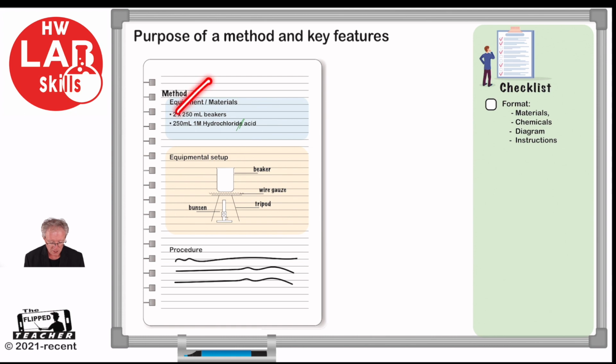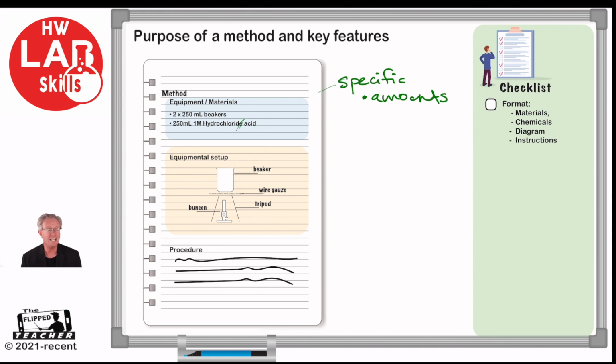You need to know 2, and we've got a volume. So I need to go collect 2 250 ml beakers. I'm not saying just go get some beakers, okay? And I've got 250 mils, that's the volume I need, and I need to make sure it's 1 molar hydrochloric acid. So make sure you're very specific, right? And I'm just going to make this wider. I'm being very specific with amounts, okay? I'm being quantitative.